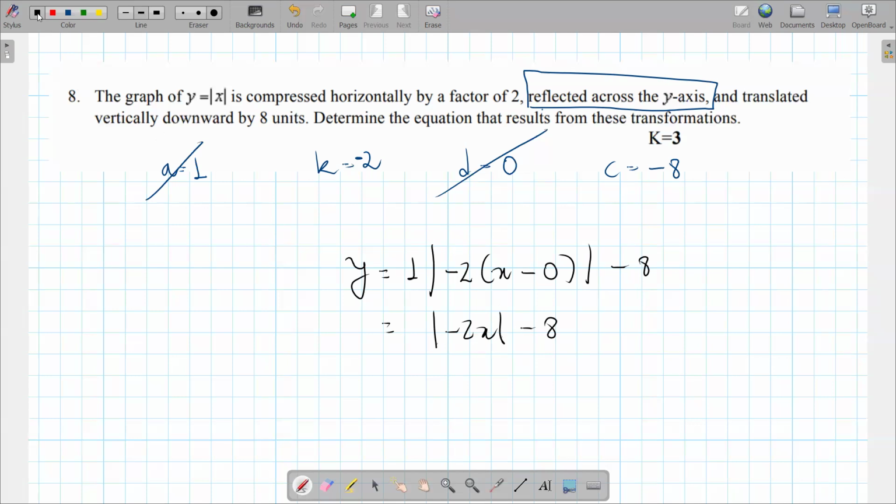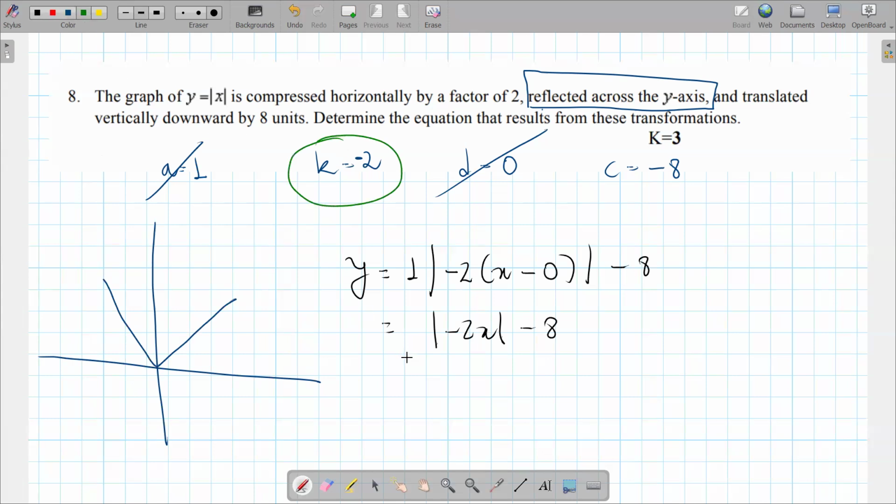So let's see what that looks like, and we'll come up with the domain and range for that. So absolute value function looks like a V. What did we do? We compressed it horizontally.